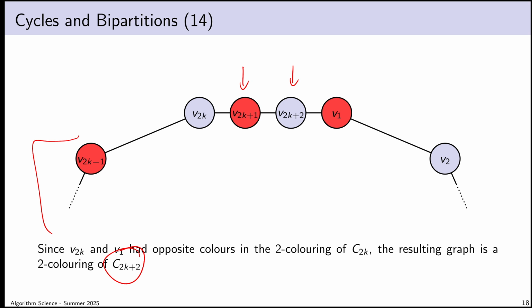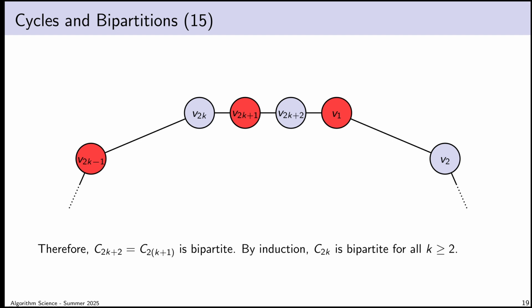So we started with a valid two coloring of the rest of C2K, and we changed nothing, and so that remains a valid two coloring of the rest of C2K. In any event, I've been able to produce a two coloring of C2K plus 2, and that's what I need for the induction step. And therefore, C2K plus 2 is bipartite, and by induction, all cycles of even length are bipartite. So C2K is bipartite for all k greater than or equal to 2.